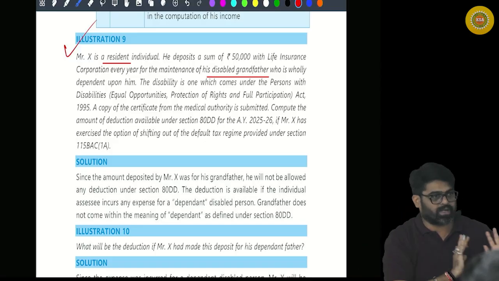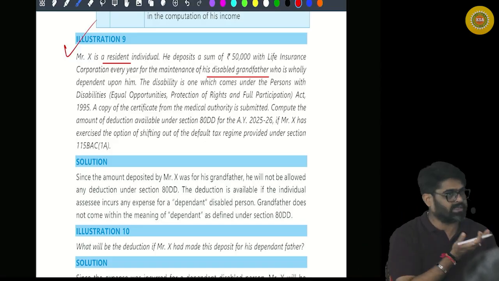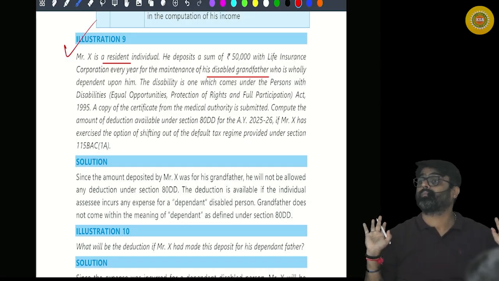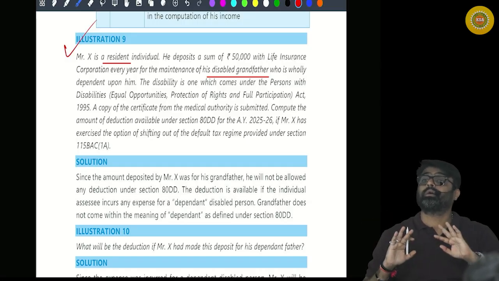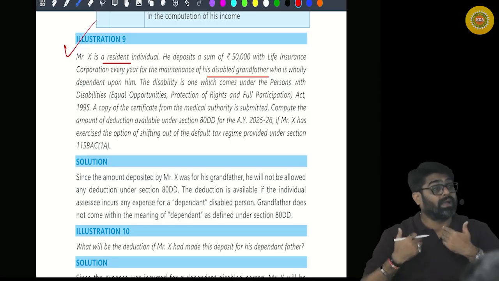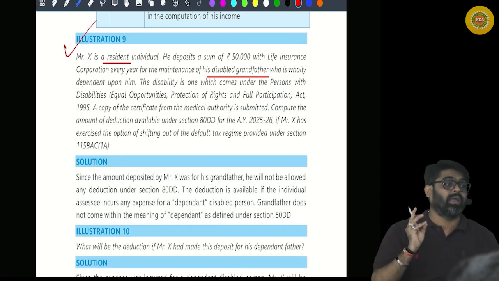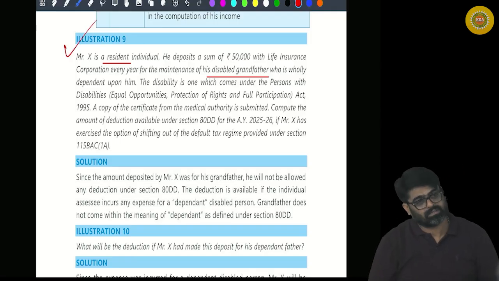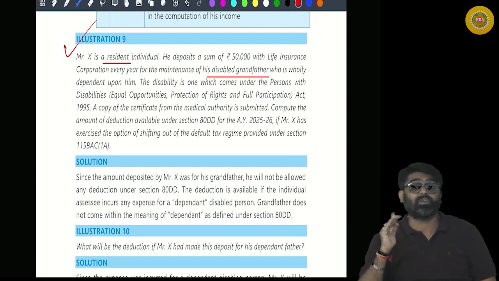This is allowed under 80DD. You can get the deduction under 80DD if you deposit in special schemes for the benefit of your HDR. But it should be for the benefit of your HDR. SSPC.